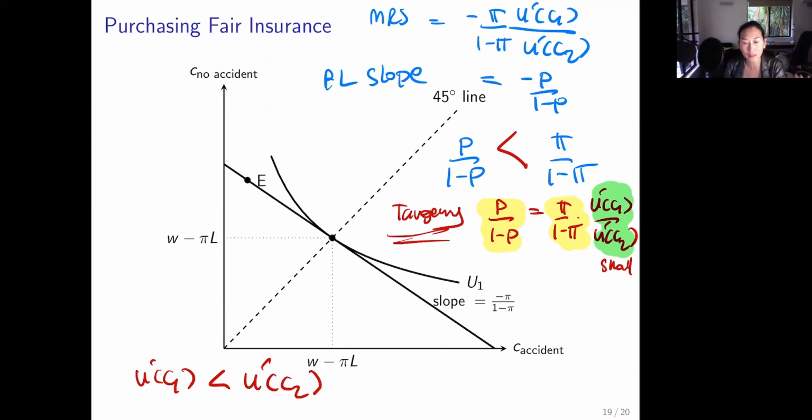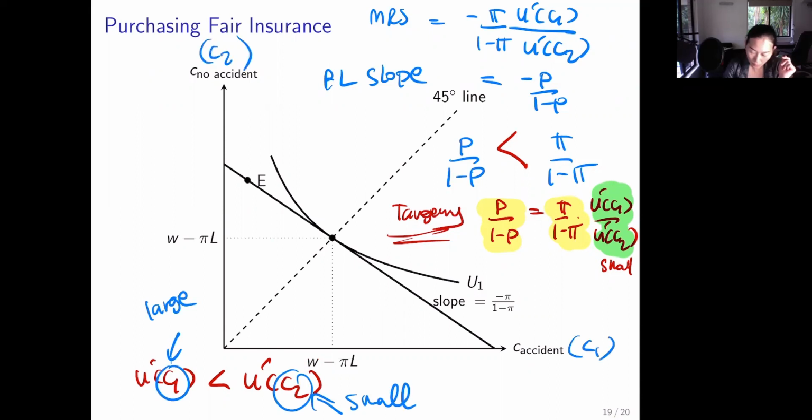If you are risk averse, then for this condition to hold, C2 has to be small. If C2 is small, U prime C2 will be large, and C1 has to be large. So C1 itself has to be large and C2 itself has to be small. This is C1, this is C2, so C2 has to be smaller than C1.